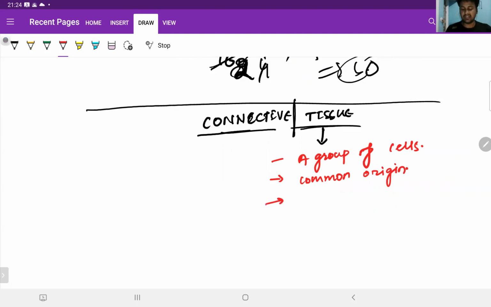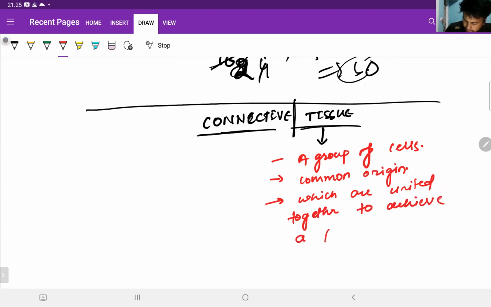It is a group of cells generally having a common origin which are united together to achieve a particular function, right? So this is the basic definition of a tissue. It is a group of cells which are generally having a common origin and they are united together to perform or to achieve a particular function.